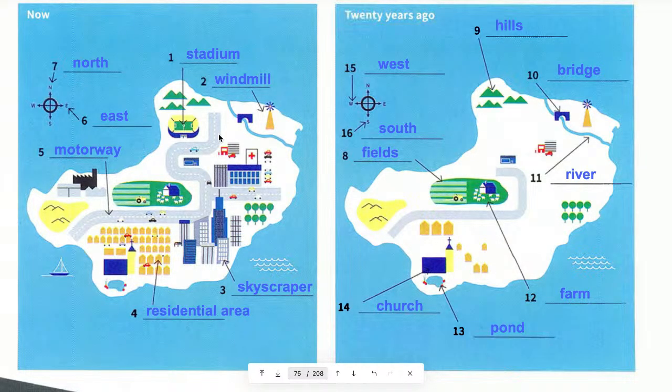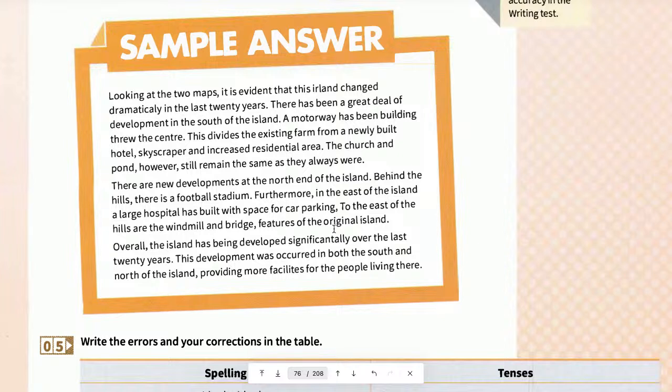Yes, very good. Because 20 years ago, the windmill and the bridge were there. You see, they have them here, like a bridge and a windmill. And now they also have a bridge and a windmill. So that's why they say what? To the east of the hills are the windmill and bridge, features of the original island.